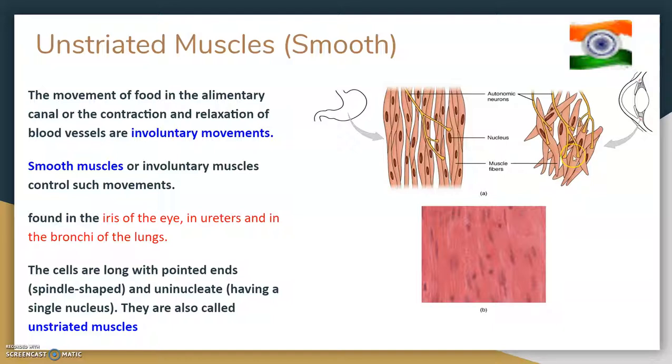They are uninucleate, having a single nucleus, and they are also called unstriated muscles. Why? Because they do not have striations like the skeletal muscles.